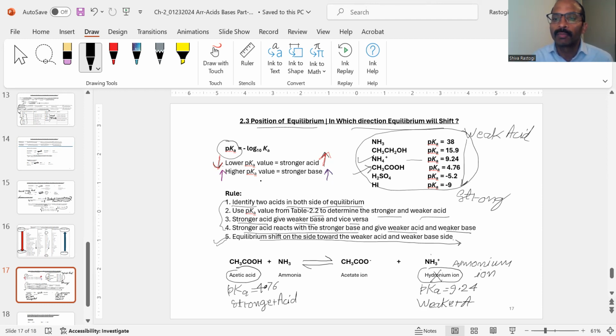The stronger acid has a tendency to donate a proton, and the weaker acid has a tendency to accept a proton.